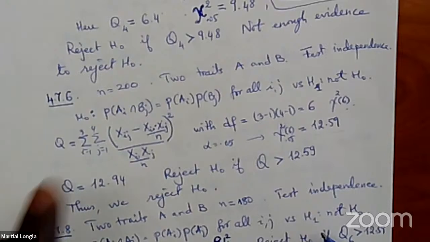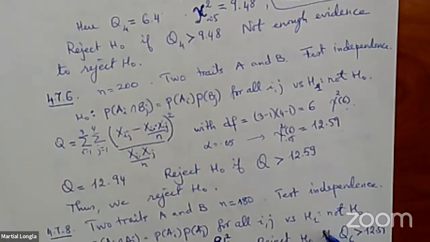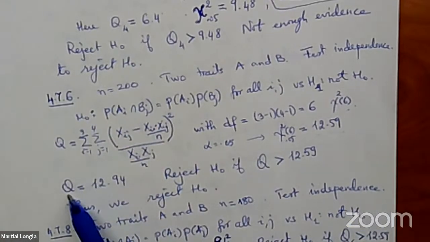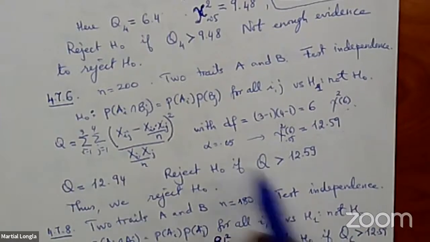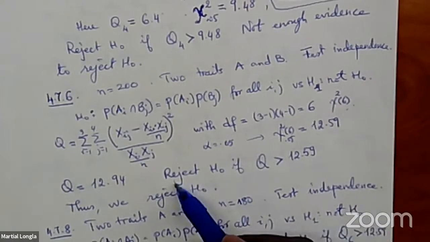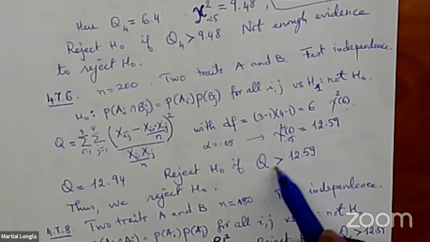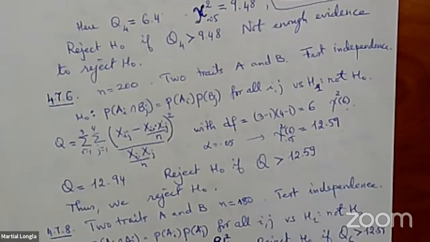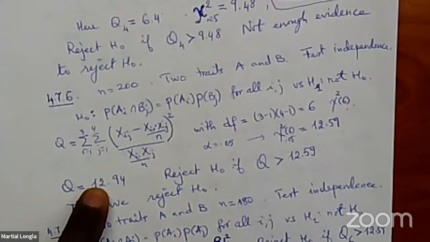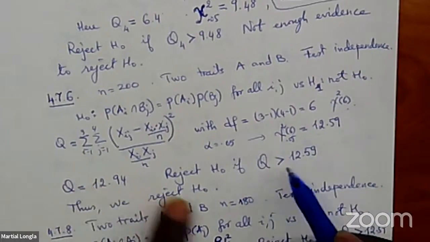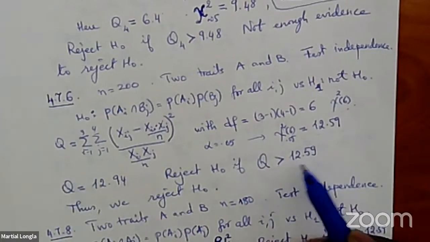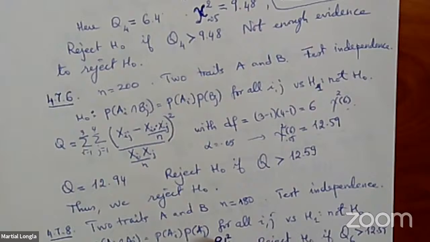And then you compute the Q using the formula. You get that Q is 12.94, and your rejection criterion is reject H naught if Q is larger than 12.59. You look at the Q that you got, and you see it's 12.94, and that is larger than this. Therefore, you would reject H naught.